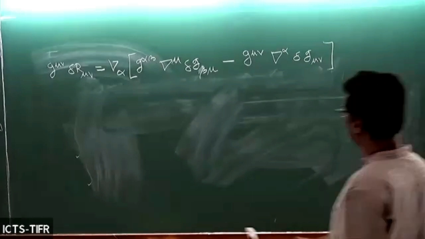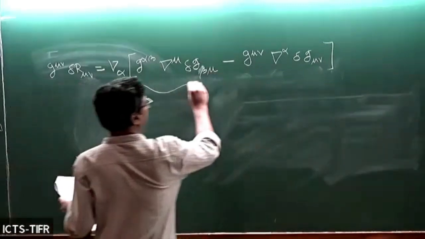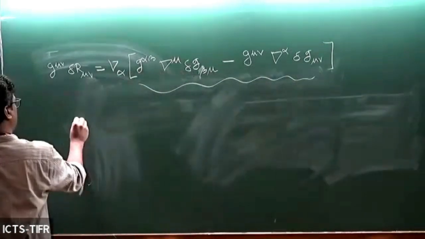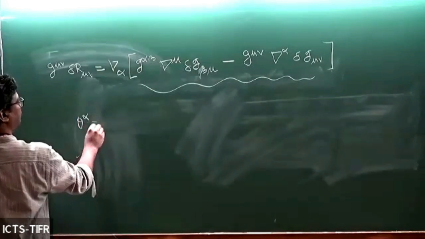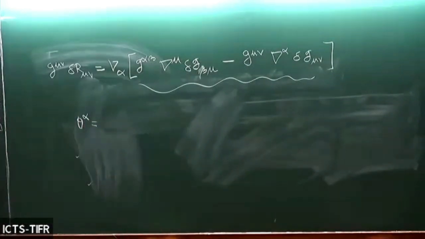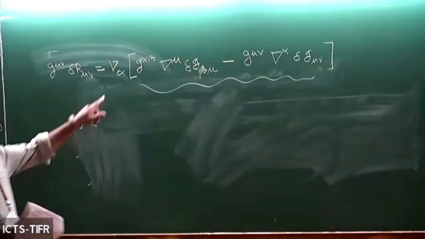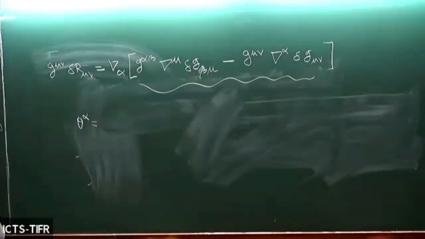Okay, but we have to go to the form notation. So therefore, we define this entire object as theta alpha. You clearly see the only index there which is not contracted is alpha. So del alpha, theta alpha is the form.